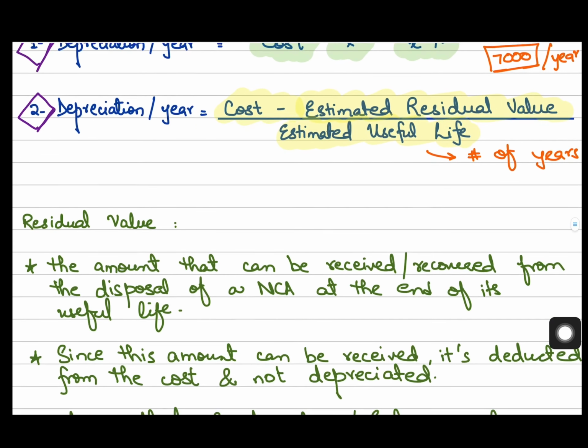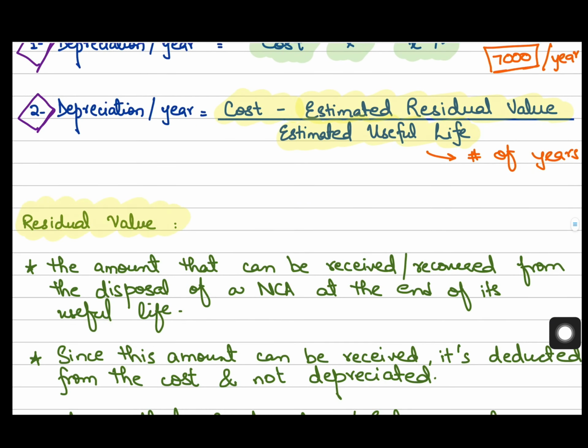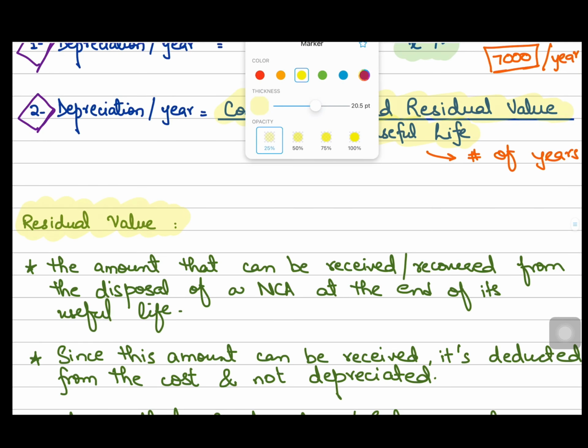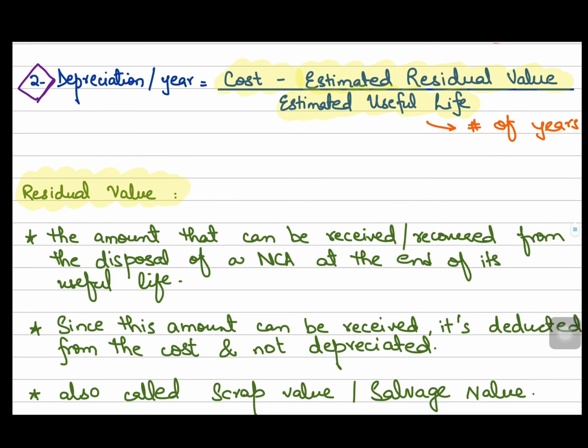Now, what is the residual value of an asset? Residual value is the value that the business thinks, or is assuming, that is why it says estimated, right? This is the value which the business estimates that it might receive, or recover, from the sale or disposal of that non-current asset at the end of its useful life.